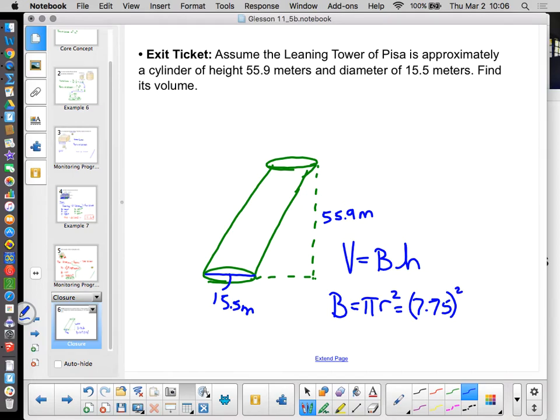We have to square that radius times pi, which we're going to approximate because we have decimals in the problem. So when I do that, 7.75 squared times 3.14, that base area is 188.6, and it's meters squared.